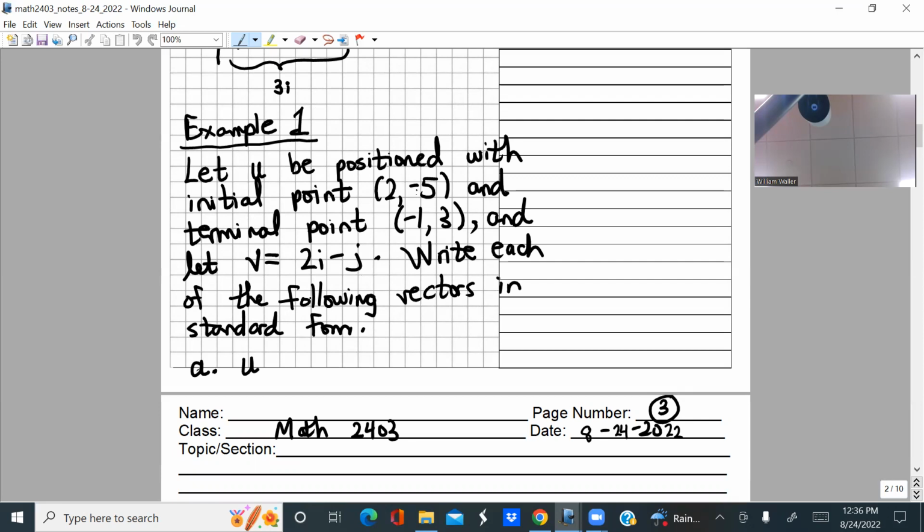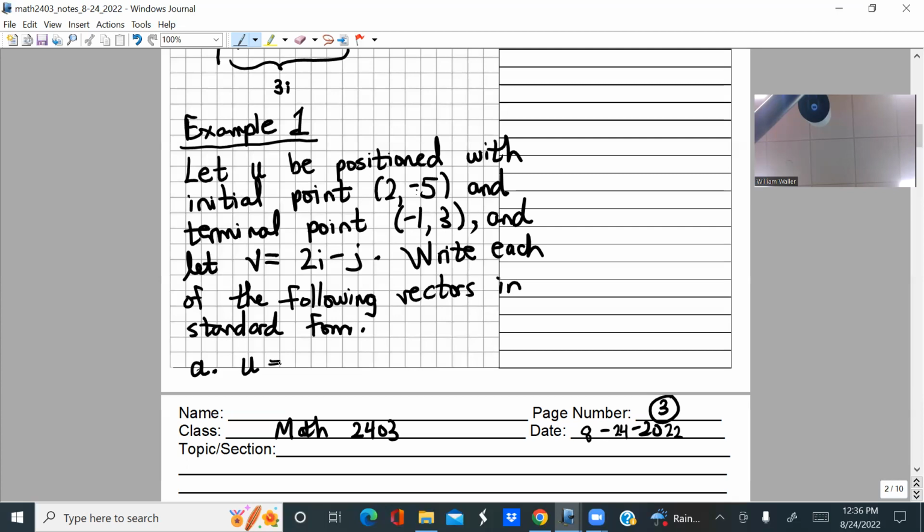Let's take those and use those to create some other vectors. First, though, let's just take this vector u that has this initial point and this terminal point, and let's write it in standard form. So what would u look like in standard form? Standard form means a combination of the vectors I and j.